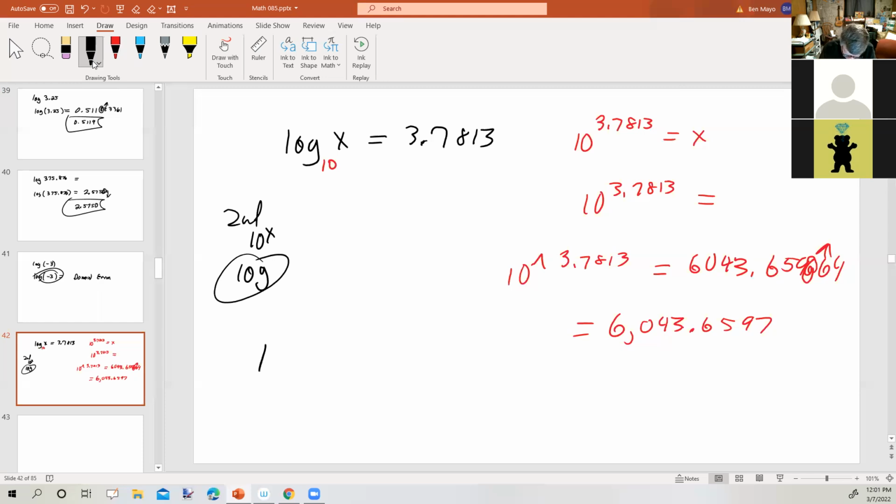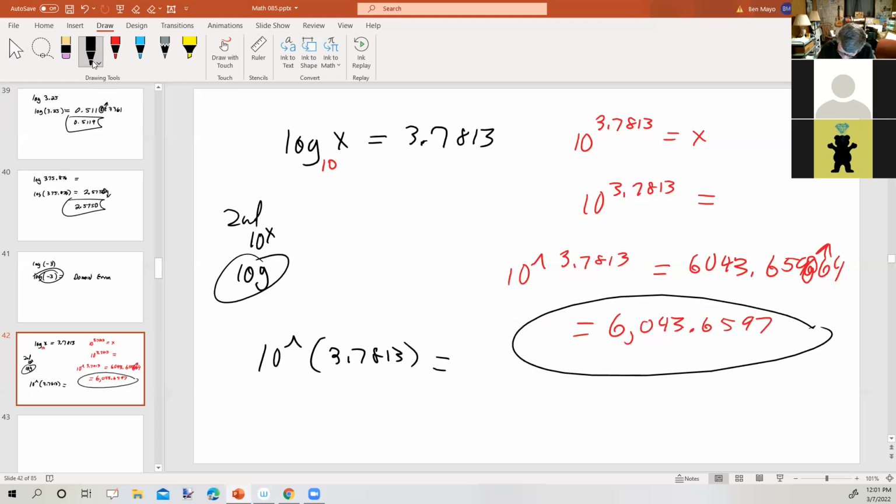When I do that, this shows up. Then I'll put in 3.7813, close it up, equals, and you get the same thing. So you could either do this or that. You should get the same answer either way.